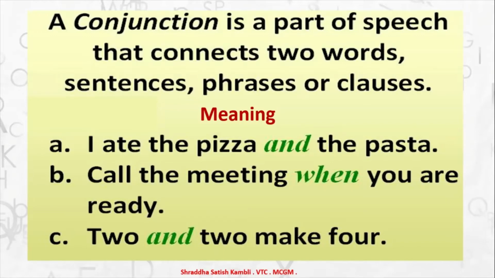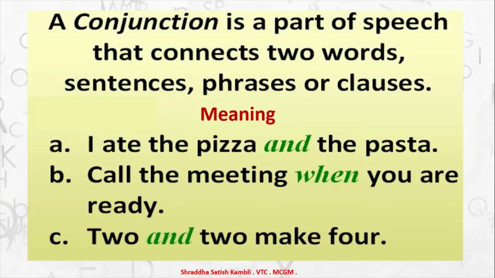Alright, so this is how and, when, and again and has been used to connect either two sentences or two phrases or two clauses together in order to form a meaningful bigger sentence. So this is the meaning of conjunction for us.